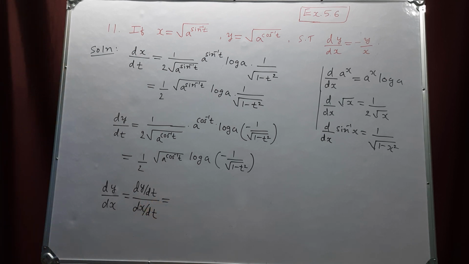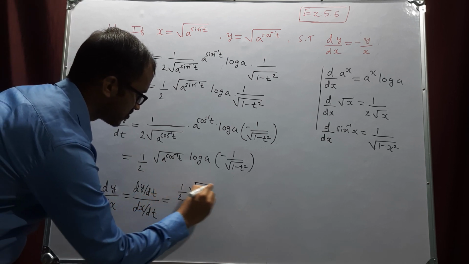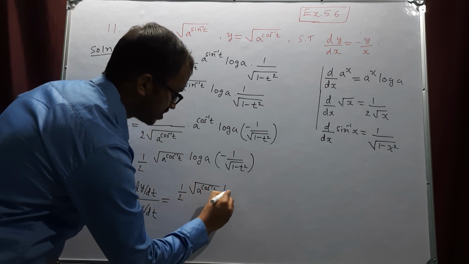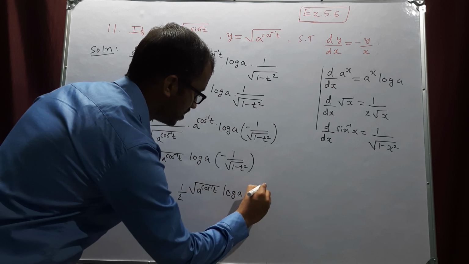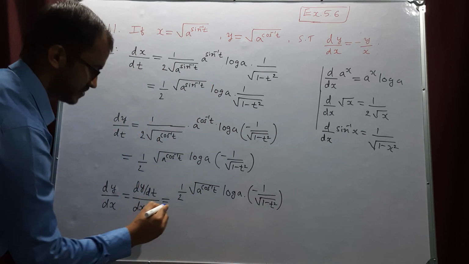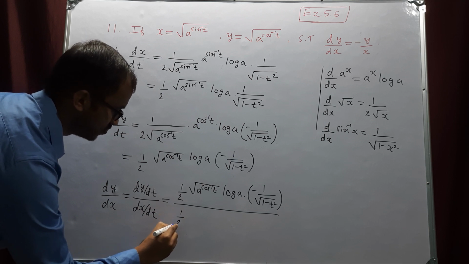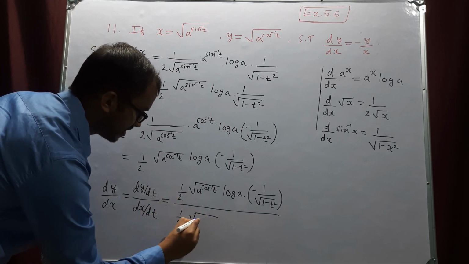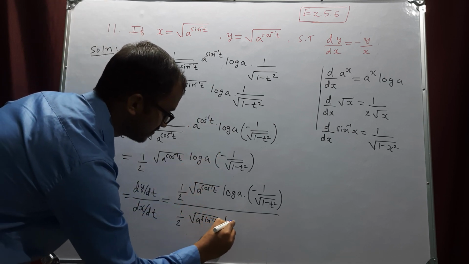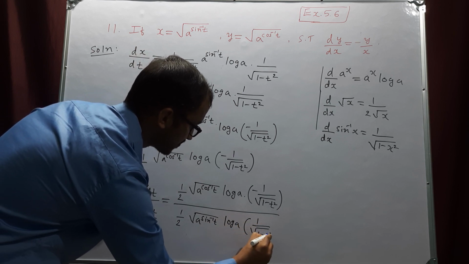Now substitute the values. Dy by dt means 1 by 2 root of a power cos inverse t log a into minus 1 by root of 1 minus t square. Similarly, the value of dx by dt, that is 1 by 2 root of a power sin inverse t into log a into 1 by root of 1 minus t square.